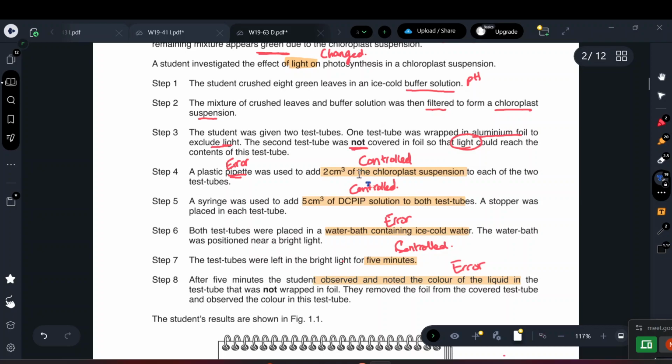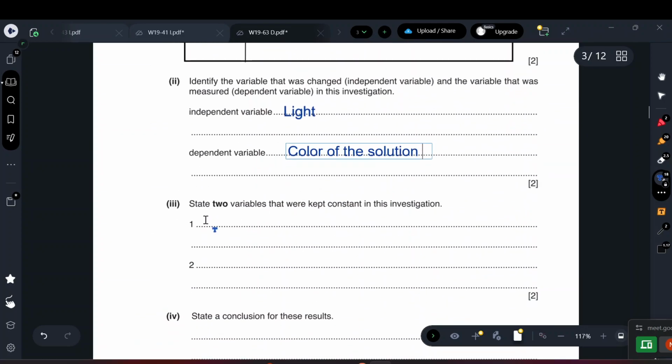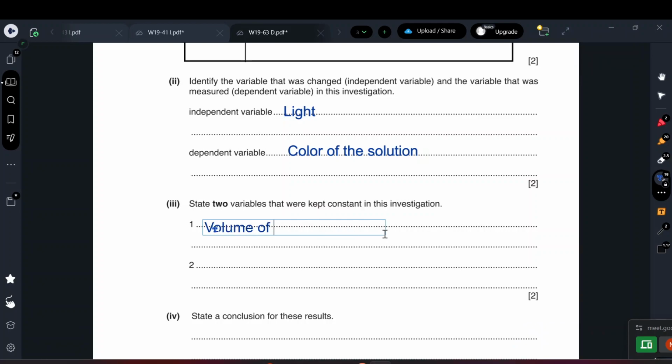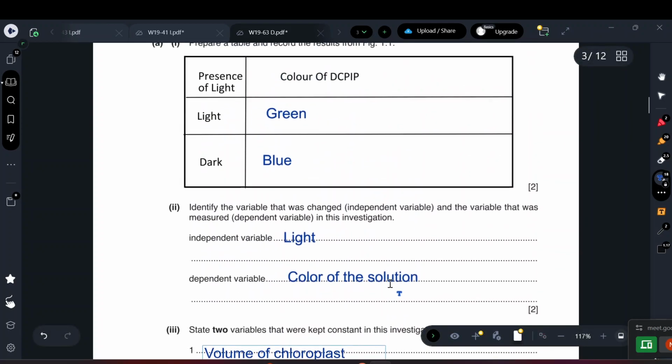I can say the volume of the chloroplast suspension, volume of DCPIP, anything that I already marked.